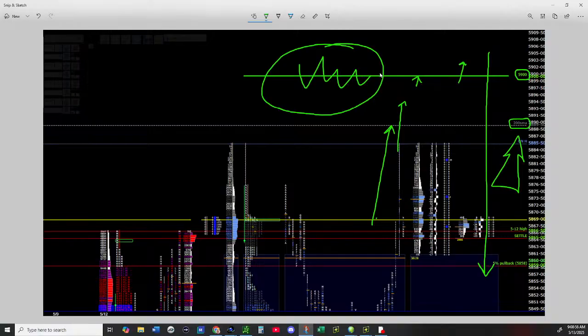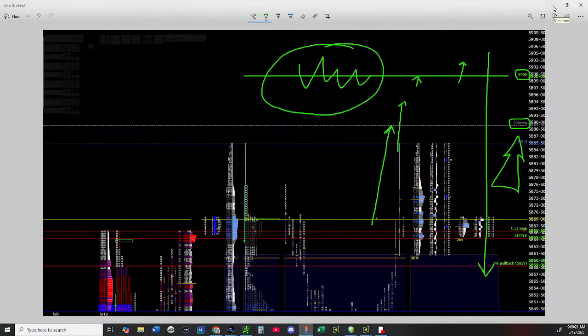So all time frames now are in sync to the upside. Everybody can see that. Everybody knows now that the market is to the upside. We have a significant bounce here.